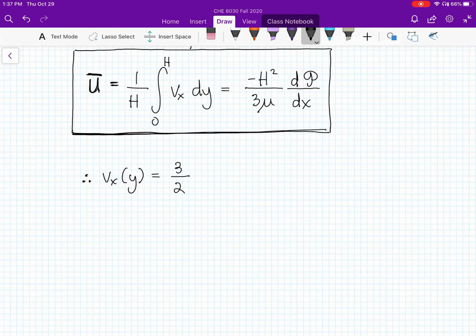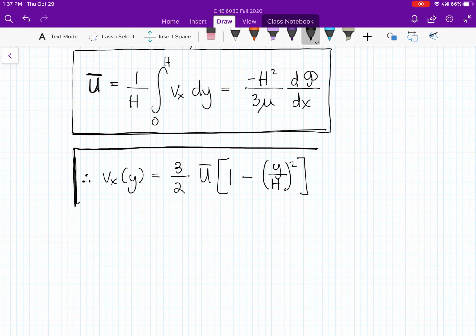Right? We're typically sticking in some flow meter and it's calculating some average velocity for us. So this becomes our velocity profile in terms of the average velocity of the fluid. Meaning if I know the average velocity, I can use this equation to tell me what the velocity is at a specific place in those parallel channels.